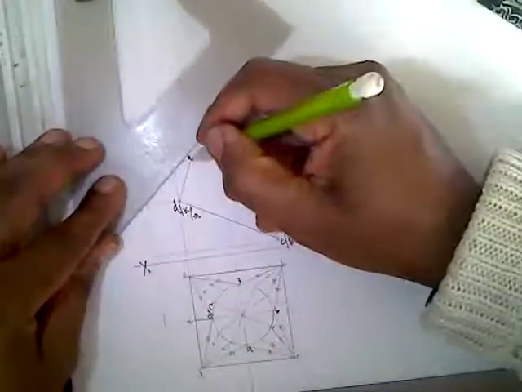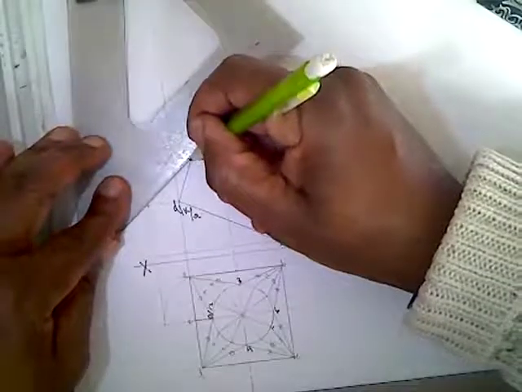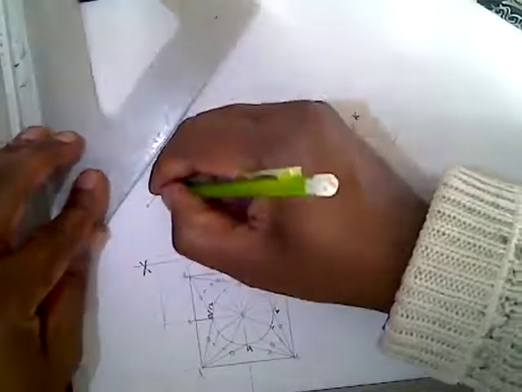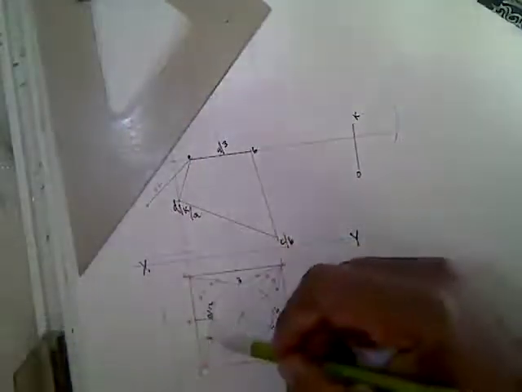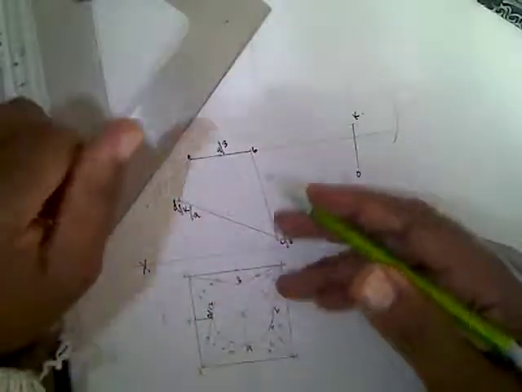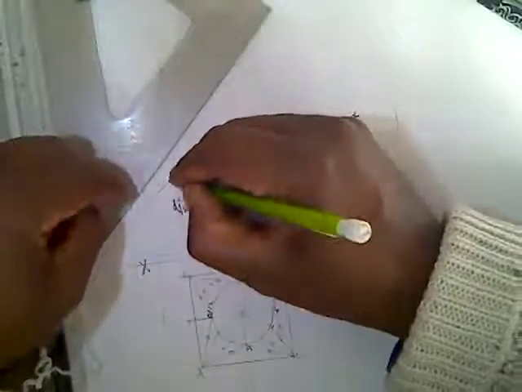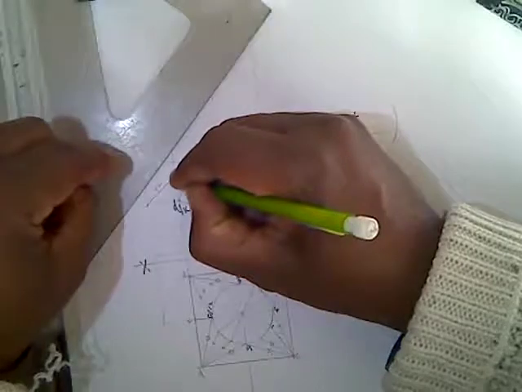A now is there. So the true length will be that one. That one will be the true length of my lines. All these lines, this one, 1, 2, 3, 4, they are equal. So this length is the true length of this line that I've marked with a 0.